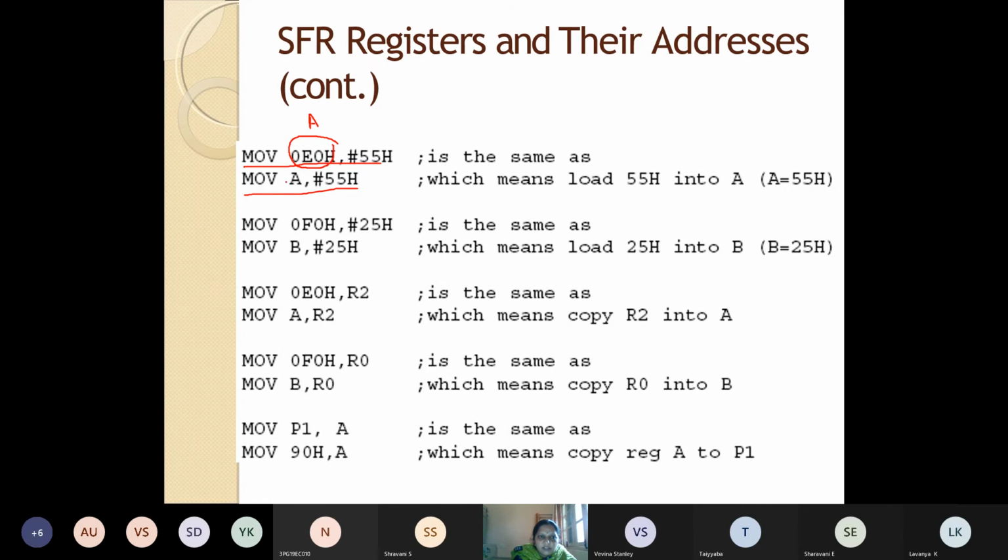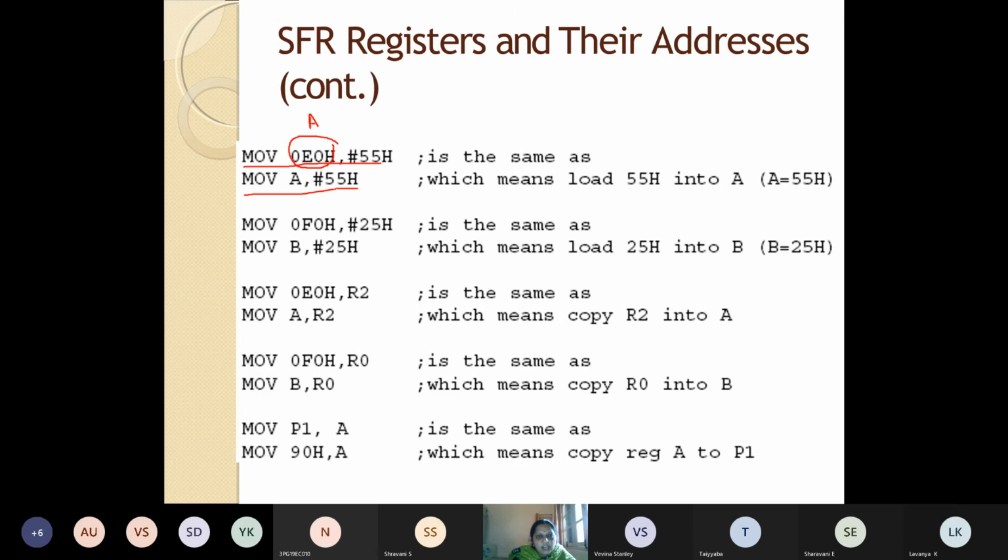Here a register and an immediate value are used, but here a memory location and an immediate value are used. All the registers are part of the internal RAM area. If I refer to them by their name or by the memory location, it refers to the memory location only. I can access by address or by name; both mean the same.